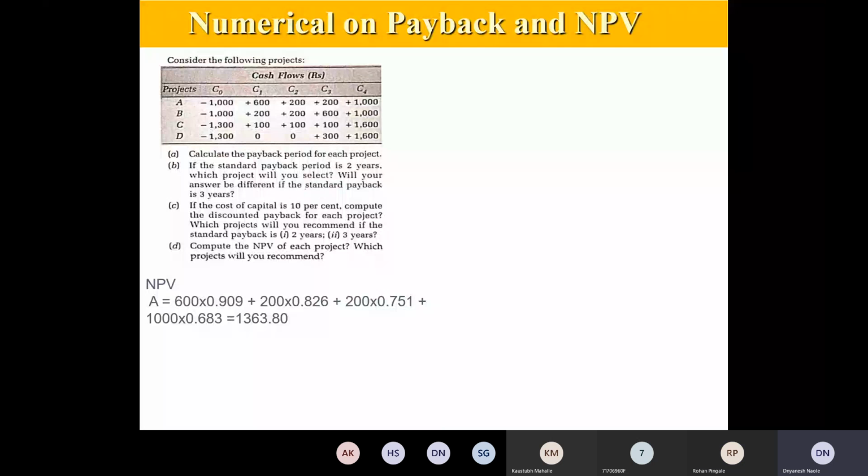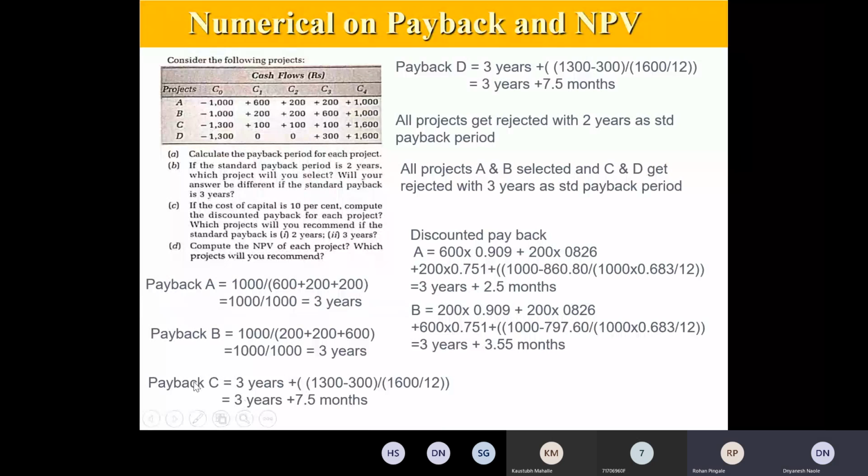Sir, C आणि D चा पेबॅक पिरियड कसा काढला ते परत एकदा एक्सप्लेन करा ना. See, payback period concept is you need to find out in how many years you are going to overcome your initial investments.